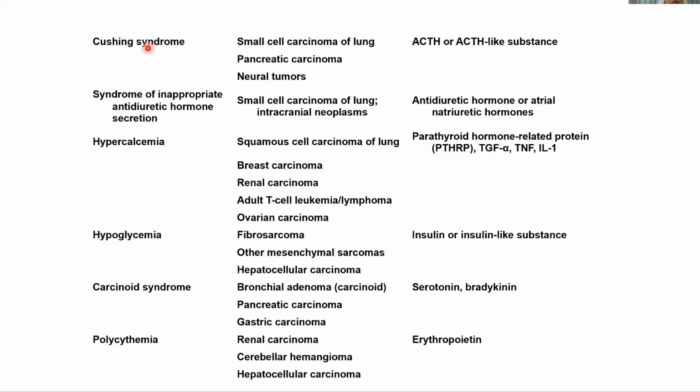The most common is Cushing syndrome, which occurs in small cell carcinoma of the lung because ACTH or an ACTH-like substance is secreted, raising cortisol and causing Cushing syndrome. The rest you can read by yourself.